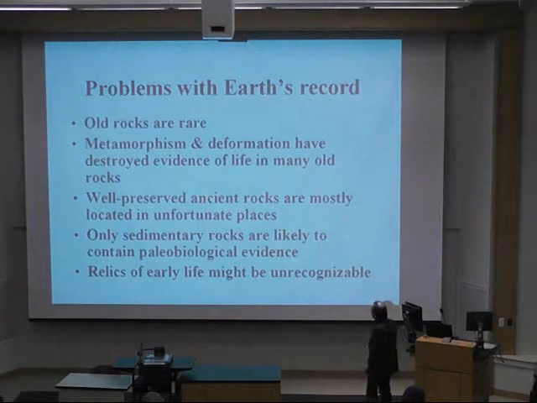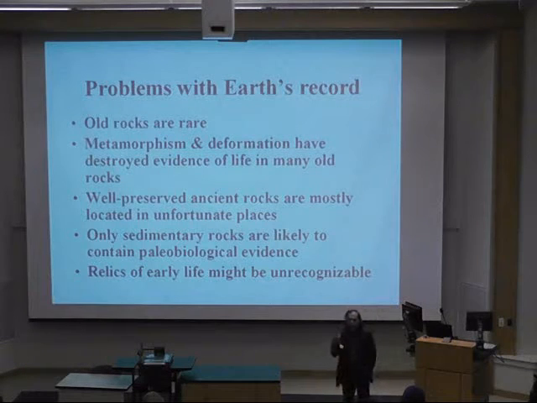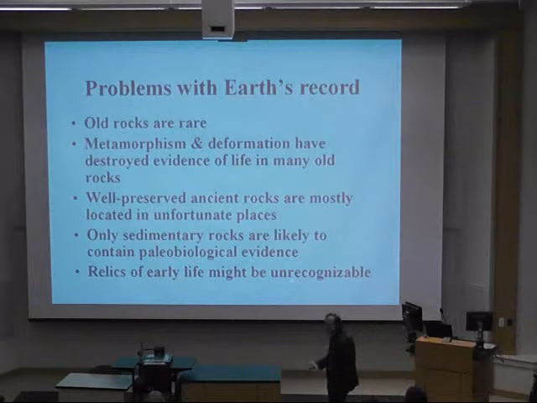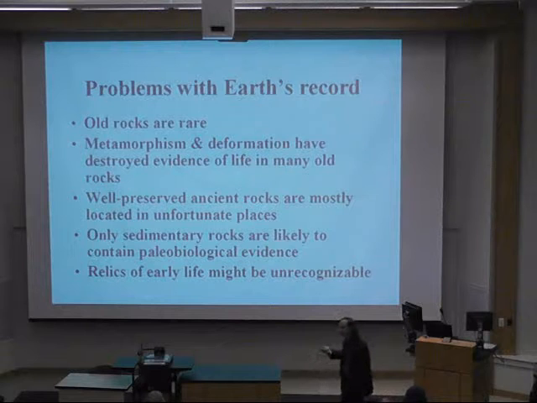And then the last problem is that early life on Earth may not be really comparable to what we have on the planet now. So it might be as unrecognizable as early aliens on Mars.